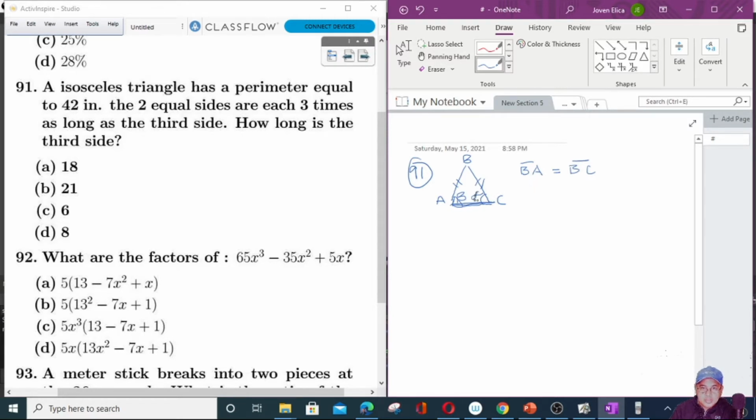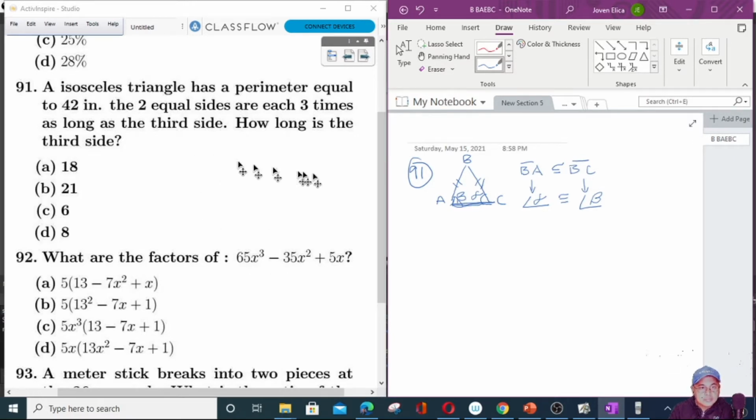Let's say this is angle beta, and this is angle rho. So the angle opposite to BA is angle rho, and the angle opposite to side BC is angle beta. These are also congruent. So these are the two properties of an isosceles triangle that have to be taken note of.